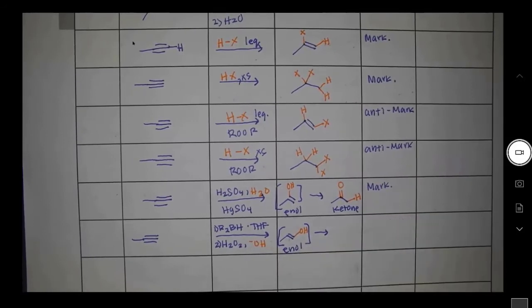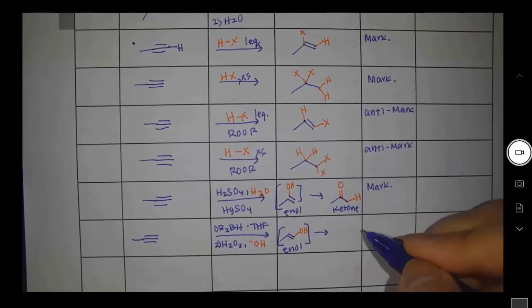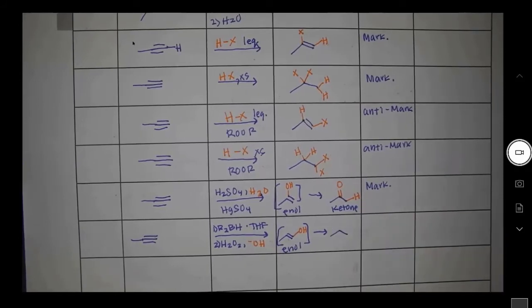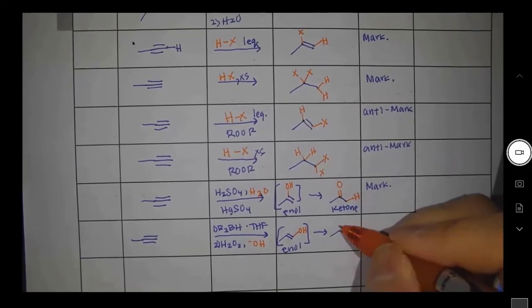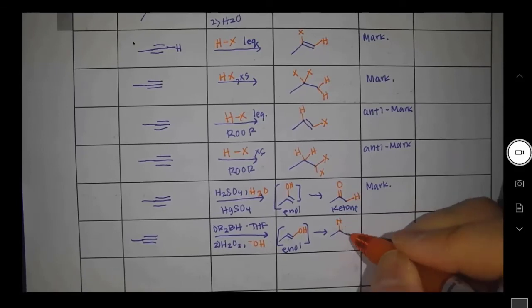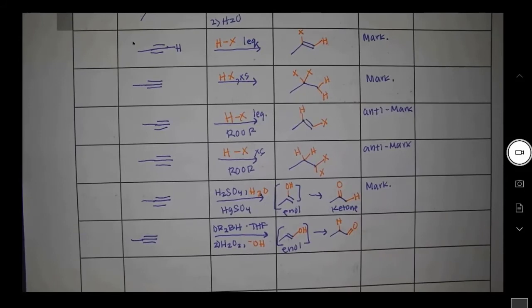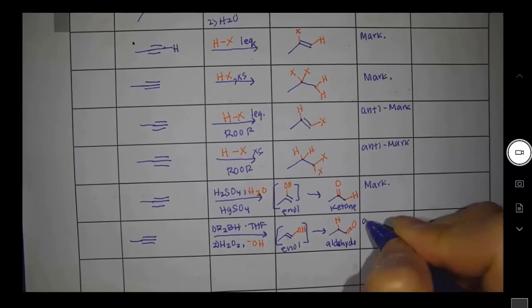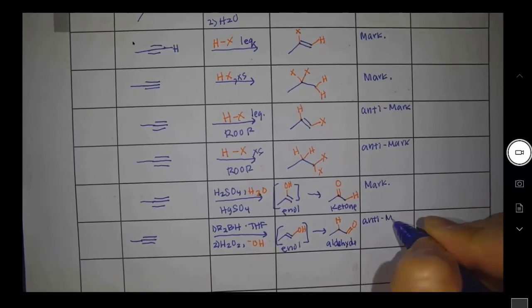Here's our enol, and that will also do the tautomerization. My carbon skeleton stays the same. The hydrogen shuffles over to here, and then I get my carbon double bond oxygen, and that will form an aldehyde. So this is the anti-Markovnikov product.